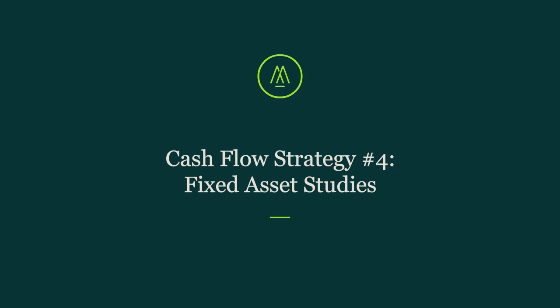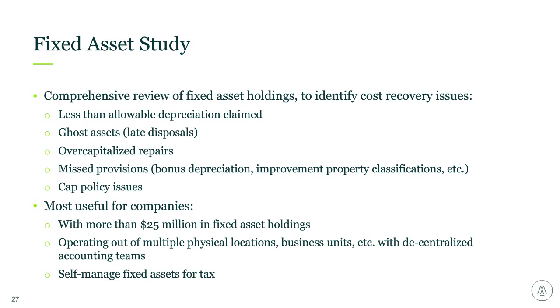These studies are most useful for companies with high volume material fixed asset holdings, generally $25 million or more in total fixed assets. However, they provide really exceptional value to those companies in the retail and restaurant industries, as well as manufacturers, food producers, contractors, and so forth.